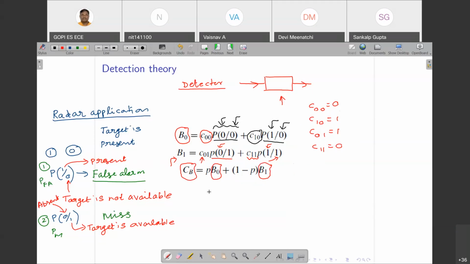The number of zeros and ones being transmitted from the transmitter are not equal, so we have to give weightage for them. P is basically the probability of zero being transmitted from the transmitter.